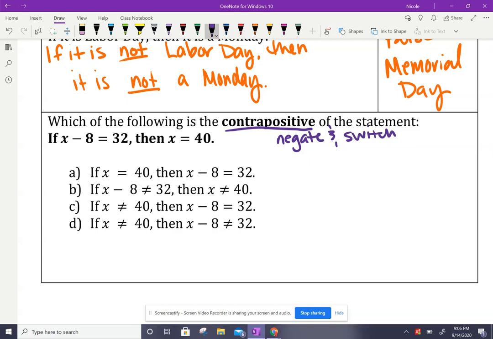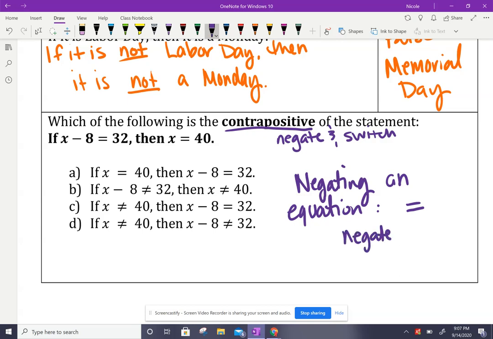When we are dealing with equations and we're writing the converse, inverse, and contrapositive, when you're negating an equation, so you have an equal sign, the negation would be not equals, which is an equal sign with a slash through it.